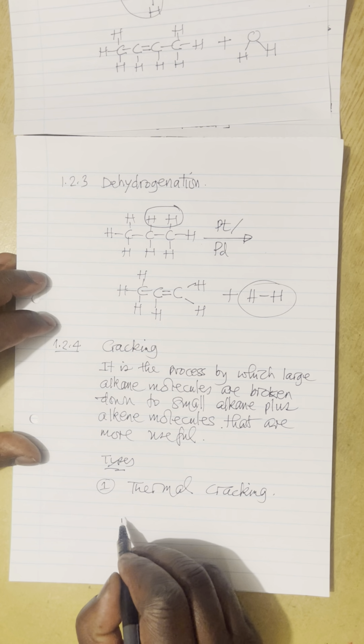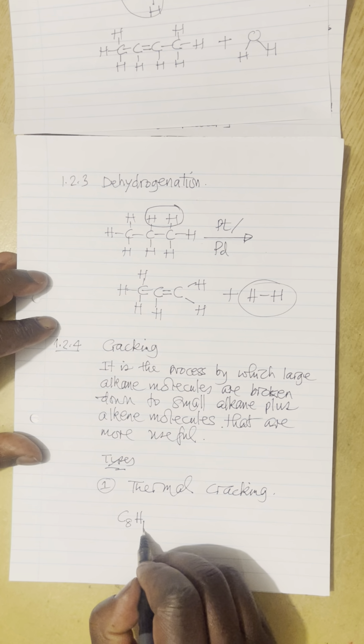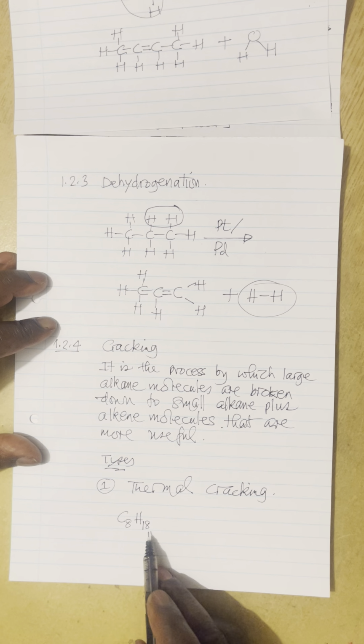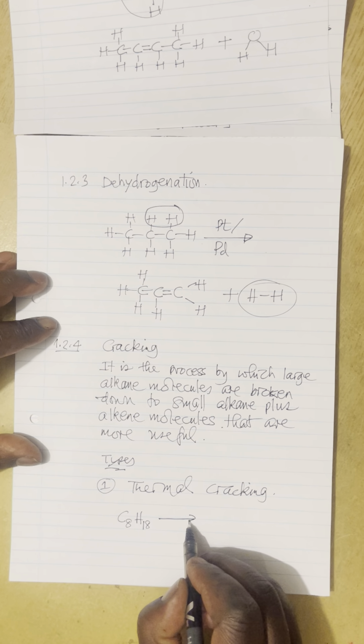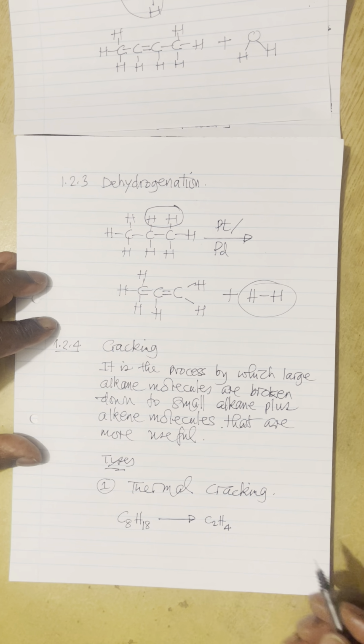So let's give an example. You would have C8H18. It's an alkane, so it's CnH2n+2. Remember, 2 times 8 is 16 plus 2, 18. This is octane by the way, and we're breaking it down into an alkene, let's say C2H4. This is ethene.